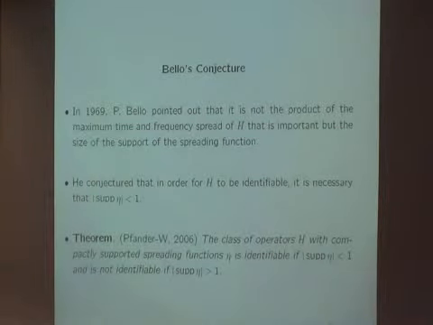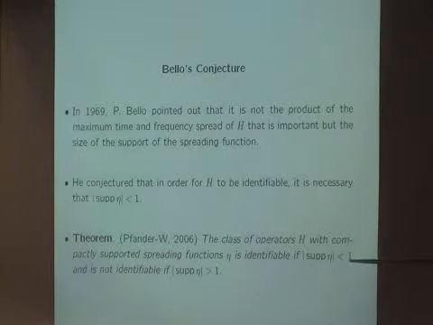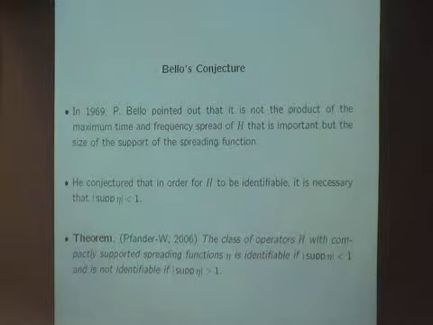Actually, Kailath pointed this out too. If you read the paper, you see that he's mentioning something like this. But Bello pointed it out again. And this is what Götz and I were able to show was true: that if the support has area strictly smaller than 1, that class of operator is identifiable. Bigger than 1, it's not identifiable.